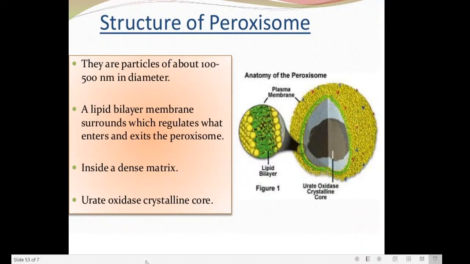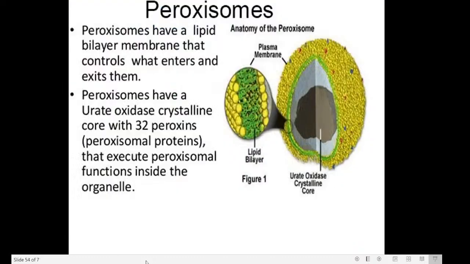That internal peroxisome structure is called the urate oxidase crystalline core. This internal core is made up of 32 peroxin proteins.